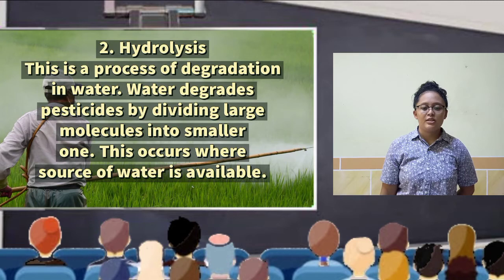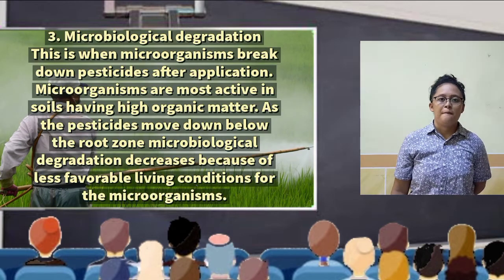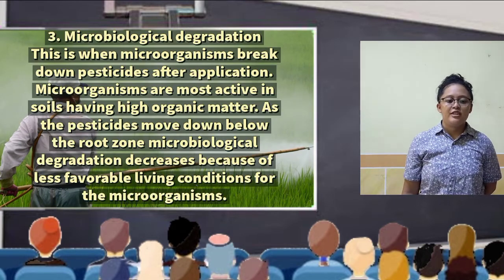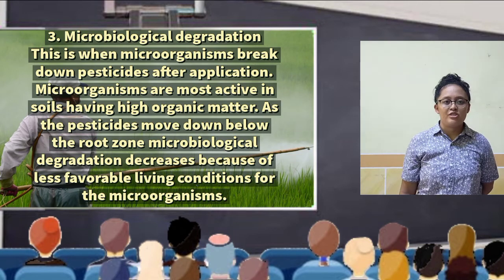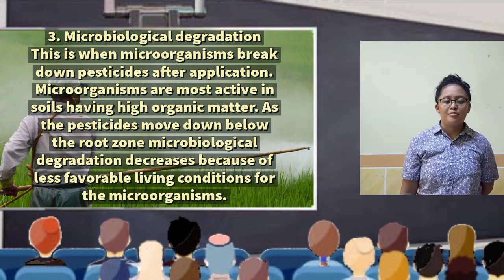This is a process of degradation in water. Water degrades pesticides by dividing large molecules into smaller ones. This occurs when a source of water is available. Third is microbiological degradation. This is when microorganisms break down pesticide after application. Microorganisms are most active in soils having high organic matter.